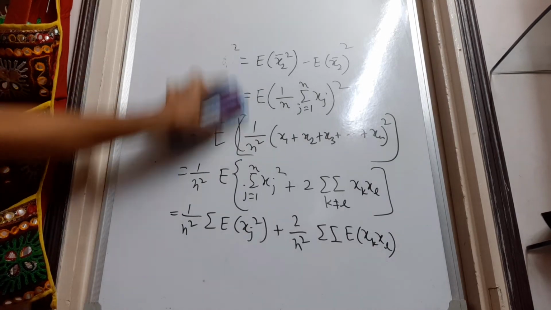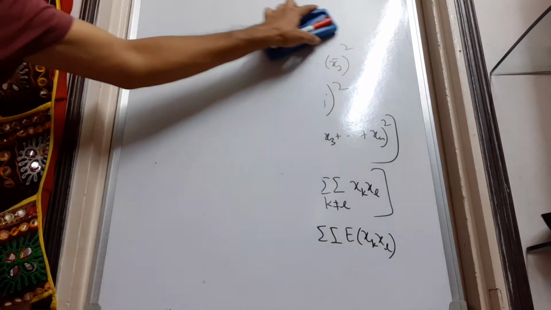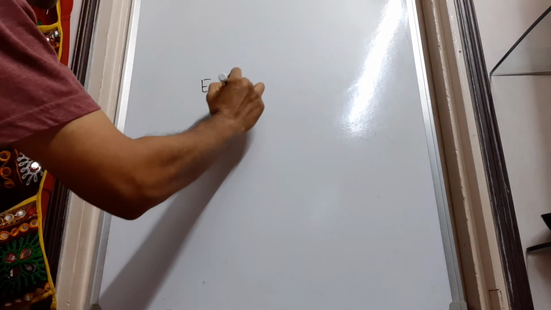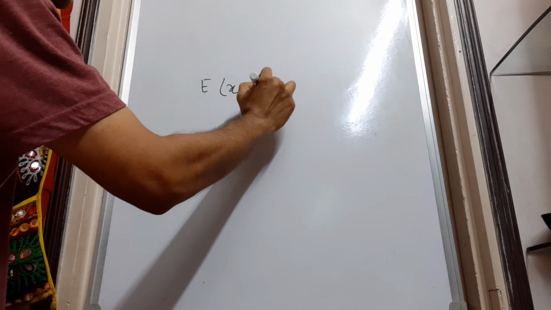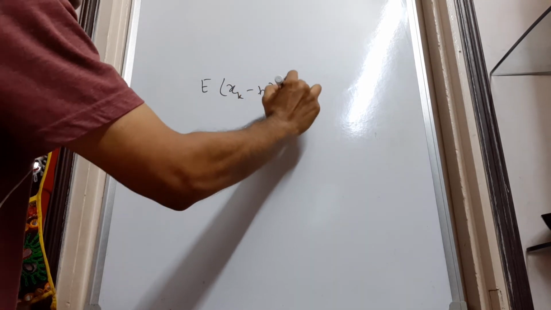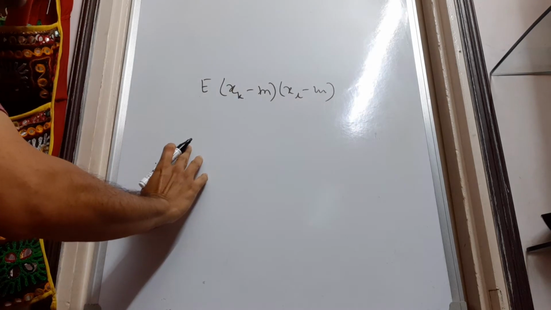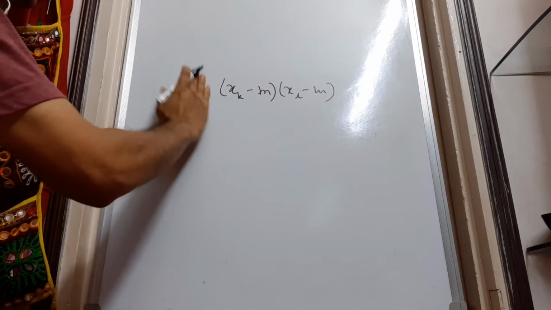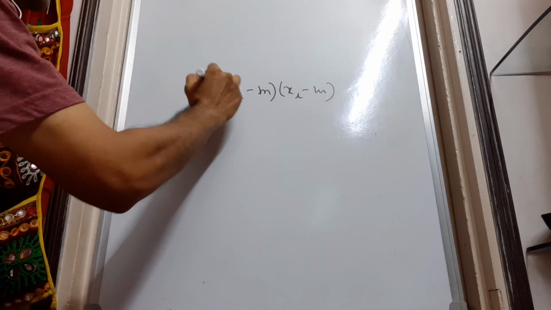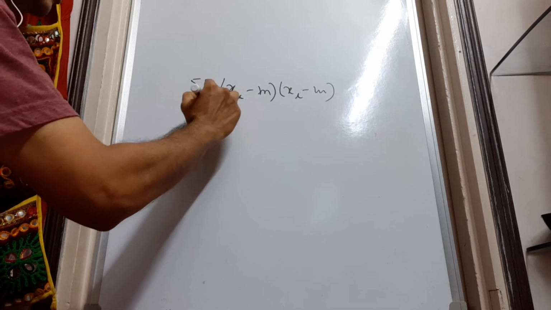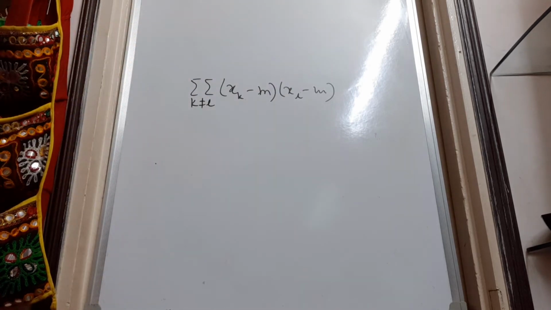we have earlier calculated. So what is the difference between expectation of xk minus m, xl minus m? We can easily write first, k not equal to l and both run from 1 to n.